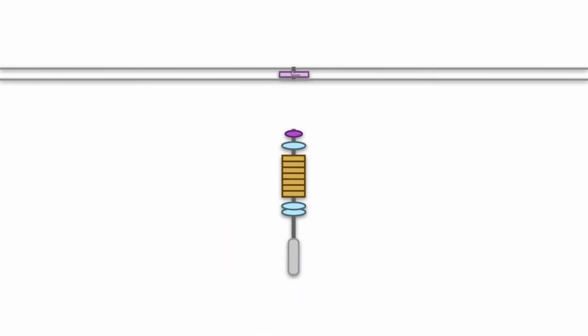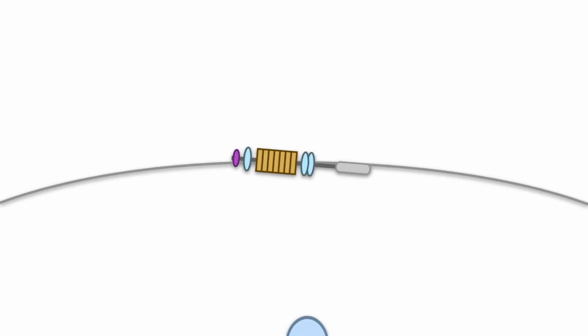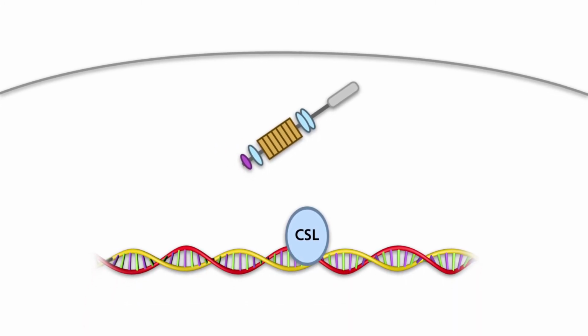The Notch intracellular fragment, which has been released into the cytoplasm, enters the nucleus. In the absence of Notch, the CSL DNA-binding protein associates with co-repressor proteins, and transcription of Notch target genes is repressed.